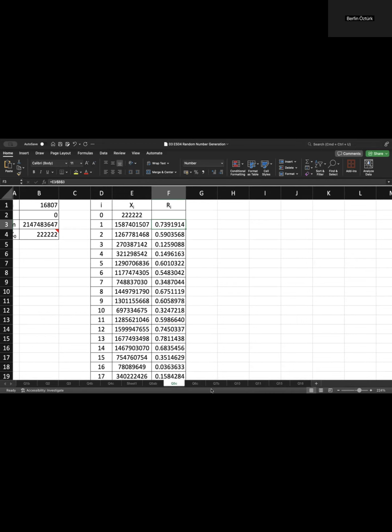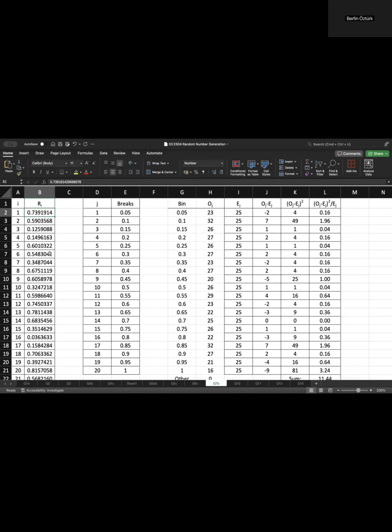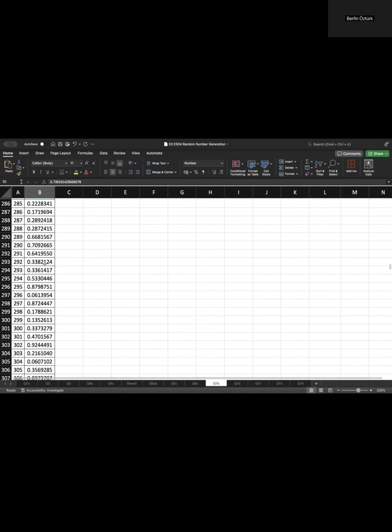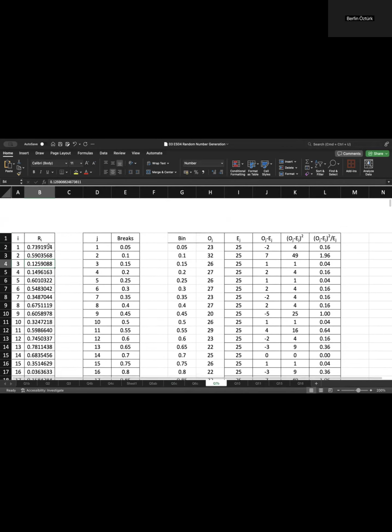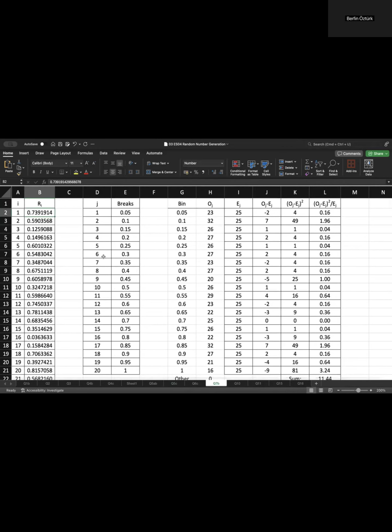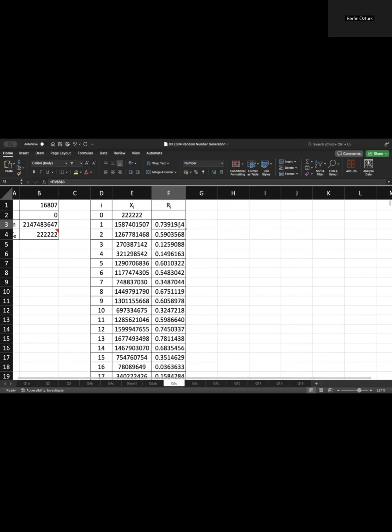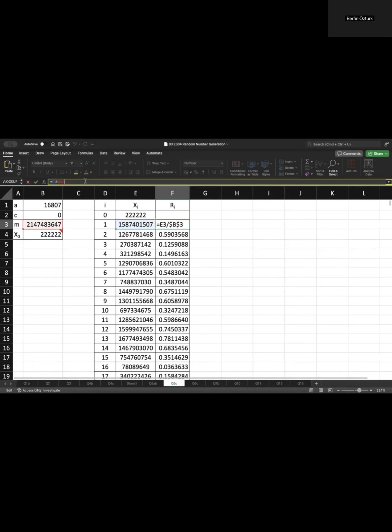After creating this, just like we did in the fifth question, these are our random numbers. So at first we computed the x_i's and our u_i's were computed, as you remember, x_i over m, like we did here, i over m. Okay.